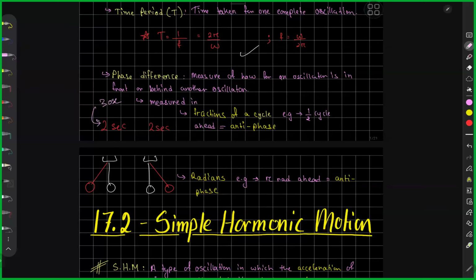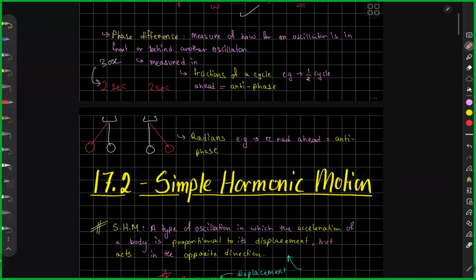What does that mean? That basically means that in the first second, as this bob moves to this position, that is rightwards, you know what this object does in the first second as well? It moves, but leftwards.